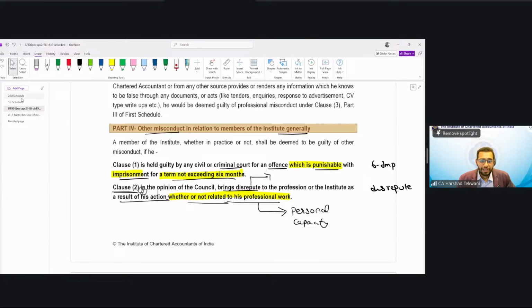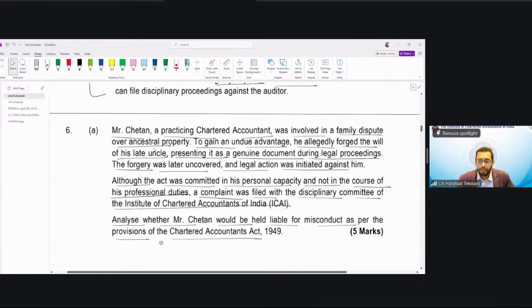Now, in our question that we were discussing, is there any information about the imprisonment? The information we have is that the forgery was uncovered later and legal action was initiated against him. But there is no information about the imprisonment, whether it is more than 6 months or less than 6 months, whether it is a criminal offense or not, but some legal action has been taken. So can I invoke clause 1?